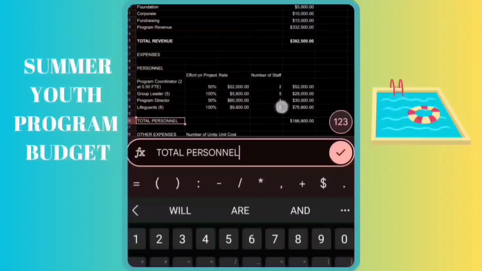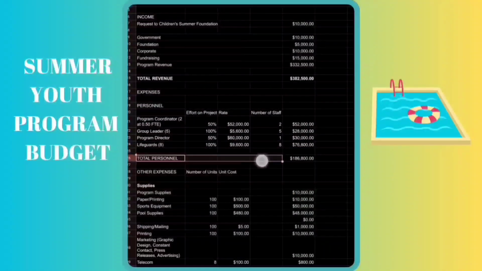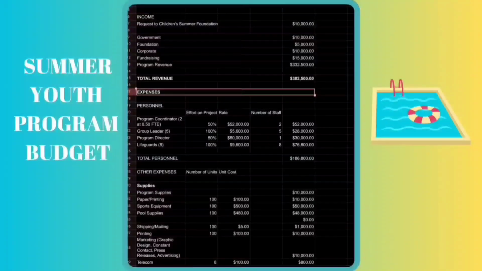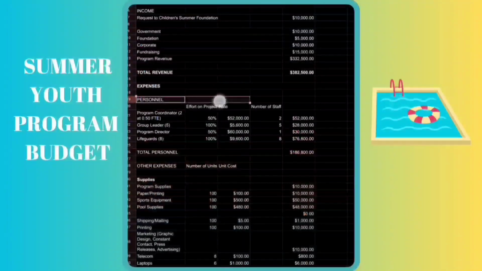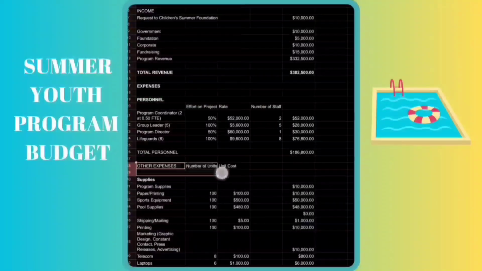Now we've remembered that under personnel, this is salary, but our personnel also have fringe rates. Now, fringe benefits are taxes.